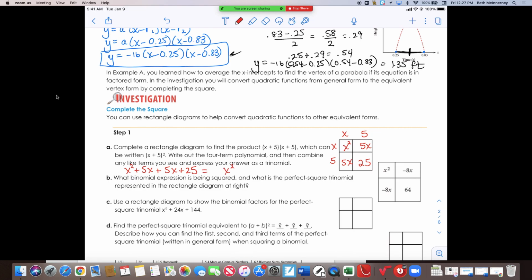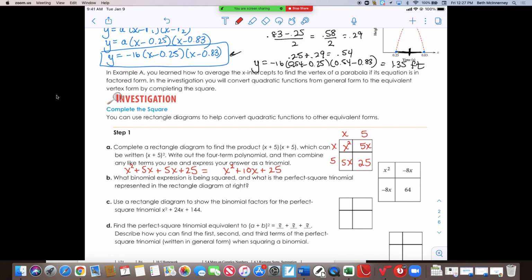And if I collect like terms, that is x squared plus 10x plus 25. So I'm just using a rectangle instead of us doing FOIL, okay? This is not anything new, okay? It's not like, oh, I've never seen that before.